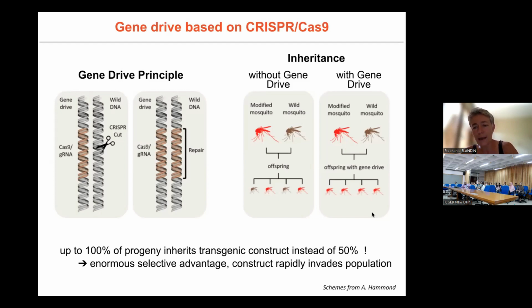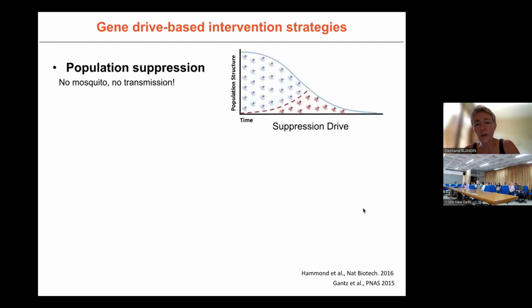Now, how can we apply it to try and limit the transmission of diseases by vectors? One first way is to try and limit the vector population. Insecticides have been very successful at reducing disease transmission by mosquitoes, and if there's no mosquito, obviously there's no transmission.